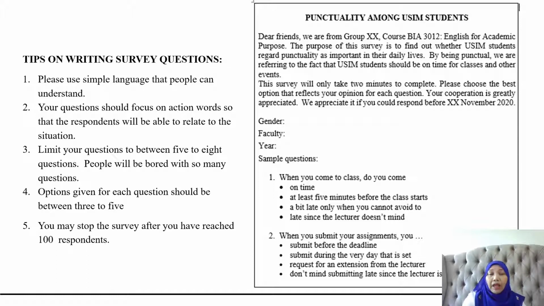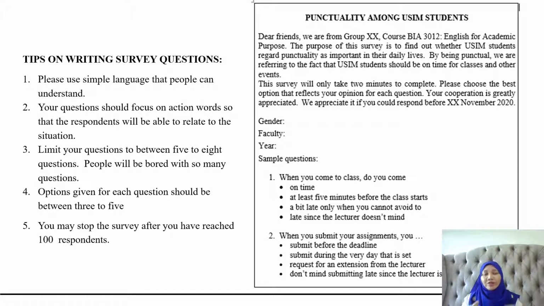For example, if 70% of students say they are late because the lecturer doesn't mind, it means that one factor that contributes to the students' lack of punctuality is the lecturer, because the lecturer doesn't mind that the students are late.